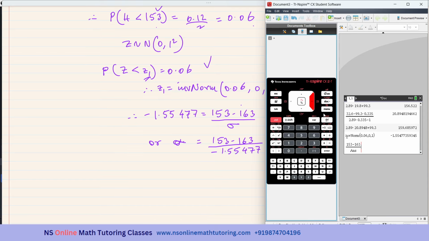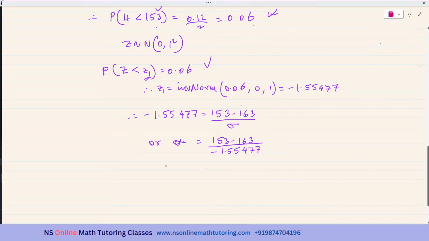Correct to 3 significant figures, enter. It is 6.43. So sigma is equal to 6.43 centimeters, correct to 3 significant figures.